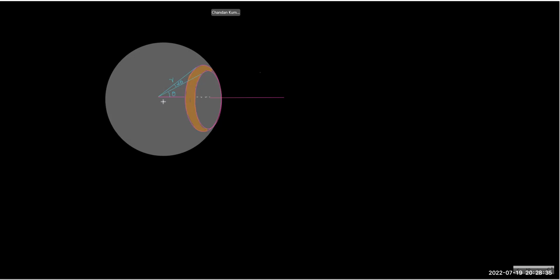Now, if you draw the lines on both sides, then this angle is called the solid angle subtended by this area, which is at angle theta.